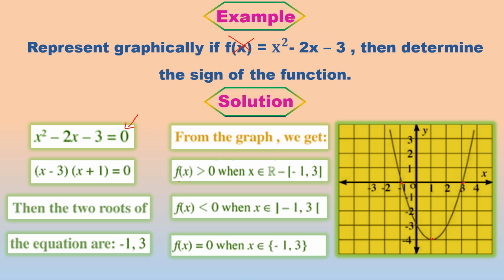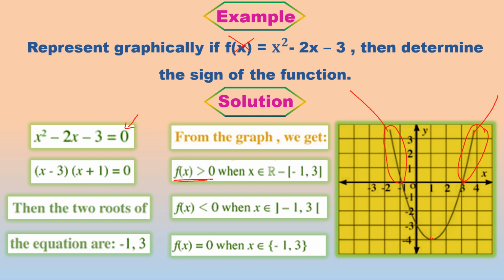f of x is greater than 0 when x belongs to R minus the closed interval from negative 1 to 3. Where is the part which is greater than 0? Here is the part greater than 0, and that's also the part greater than 0, extended on both sides.